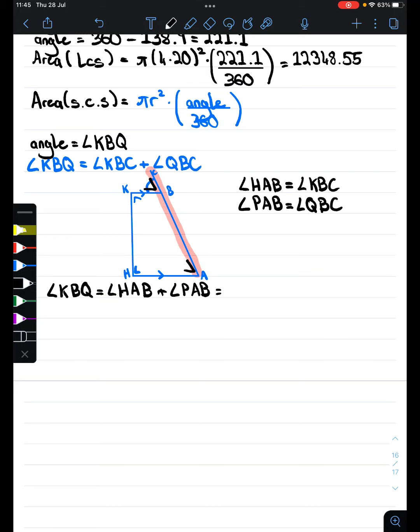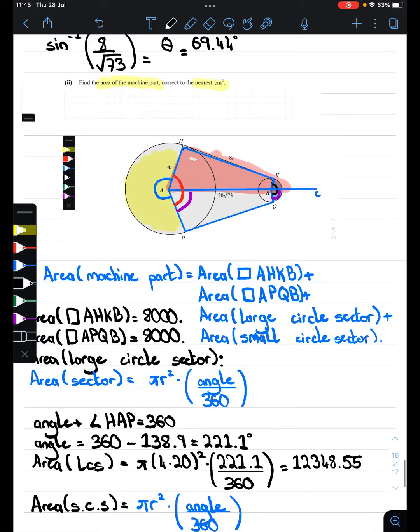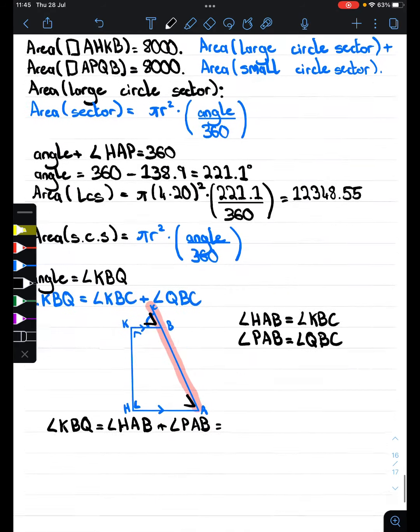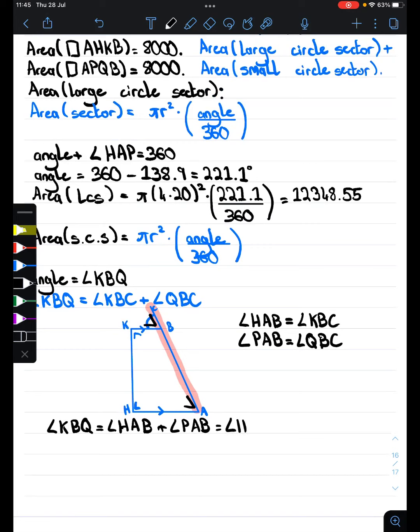The sum of those two angles is just HAP, which we know as 138.9. And now we have our angle.